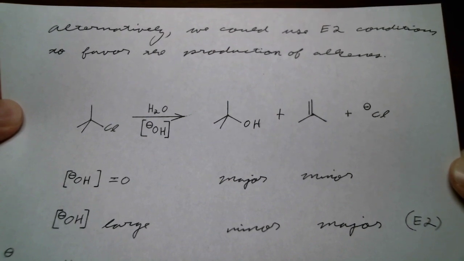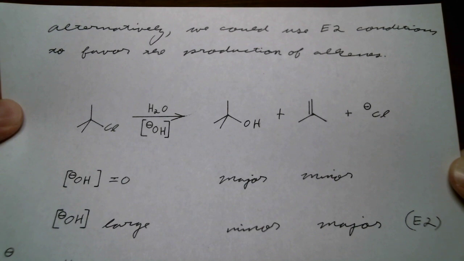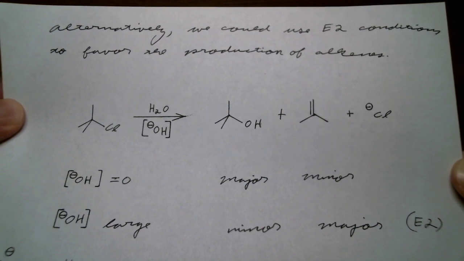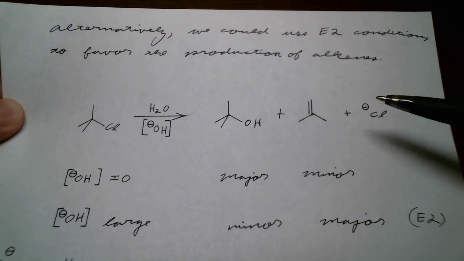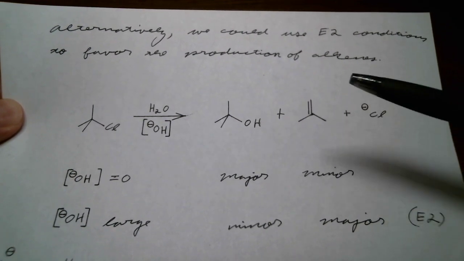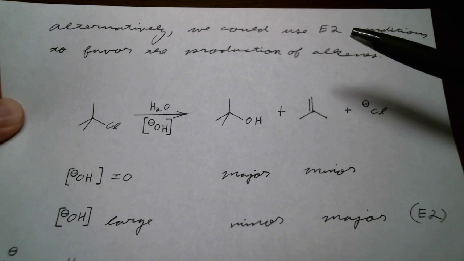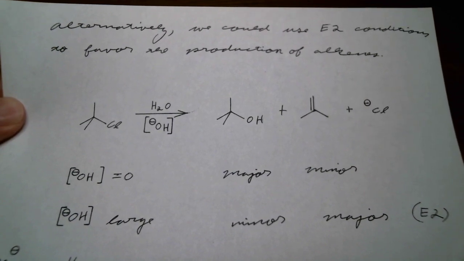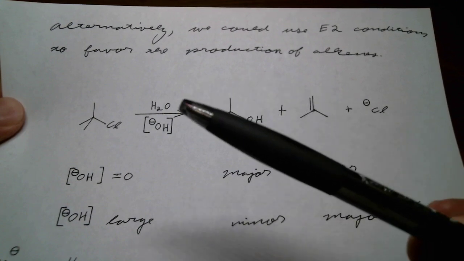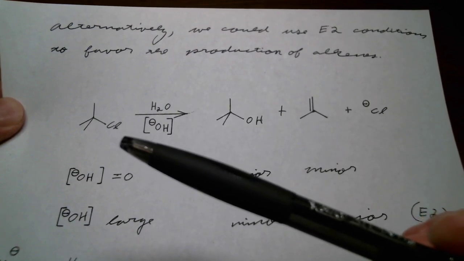Here, this is another thing that's going to be difficult to wrap your mind around, because now we're producing alkenes, but we're going through not a unimolecular mechanism, but a bimolecular mechanism, much more similar to SN2.